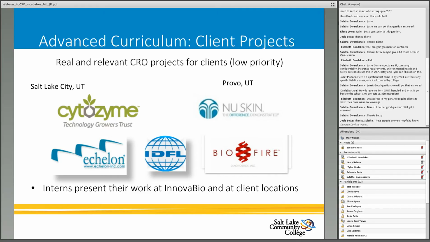So our advanced curriculum is then defined by the CRO projects. We worked with all of these companies here and a few more. I'd like to highlight Cytozyme. They are an agricultural company. They provide supplements for farmers to use on their crops. They came to us and said, our farmers say that the crops grow better, and we'd like to have some scientific support for that claim.